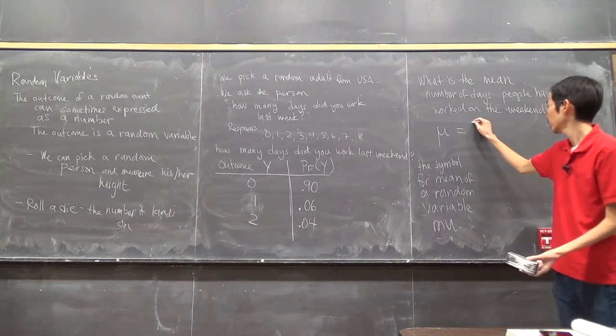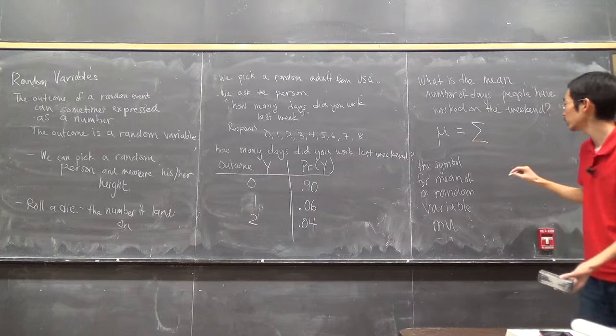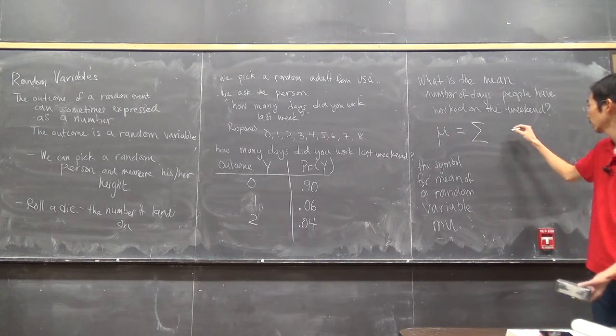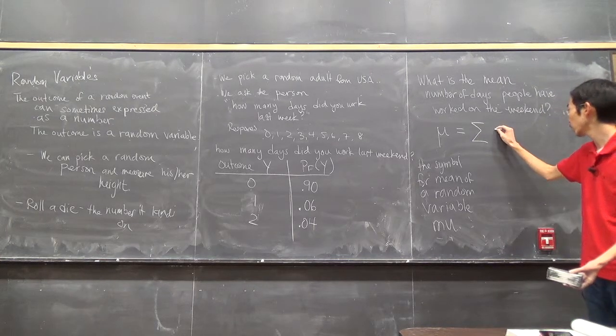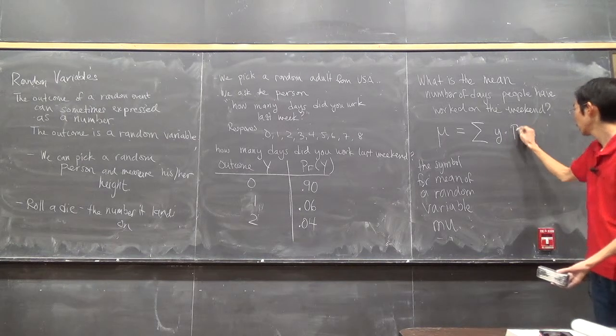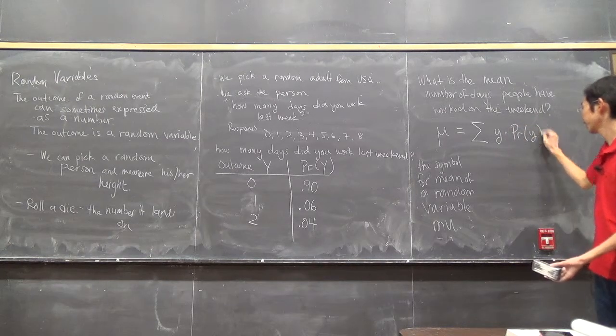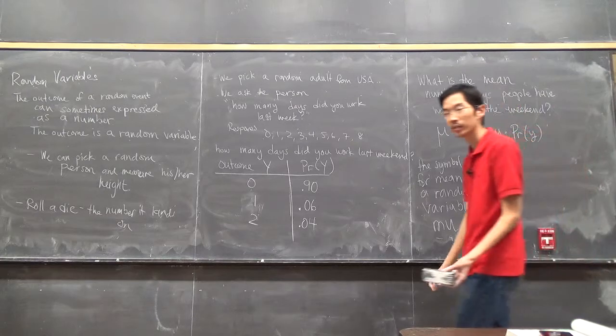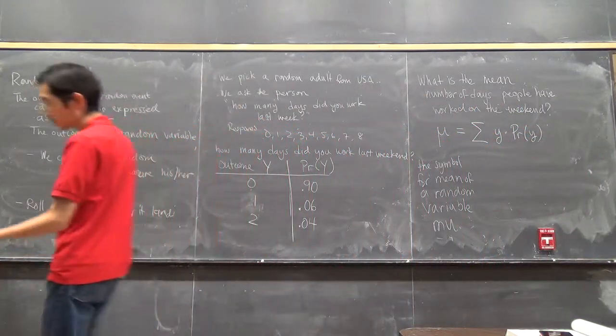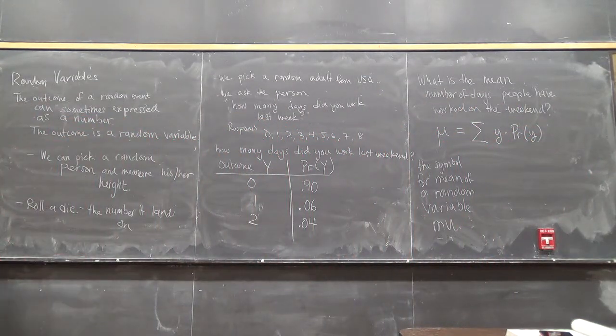Okay? And mu is defined as the value y times the probability of y. So that's essentially saying find the weighted average.